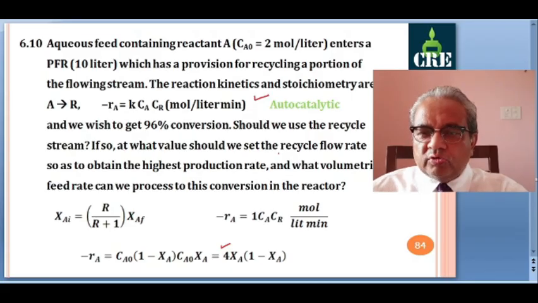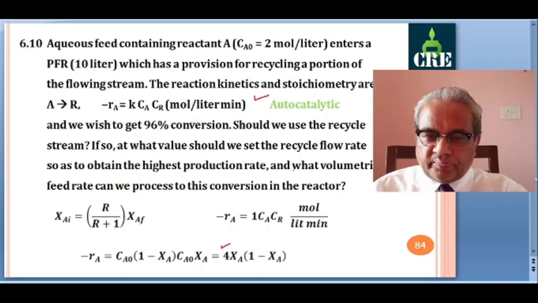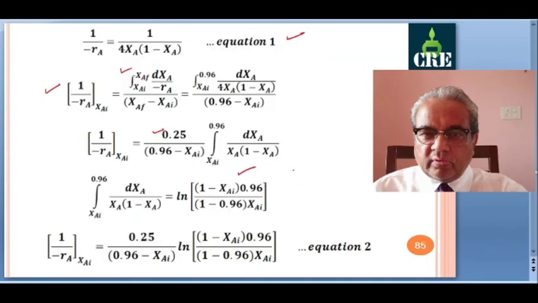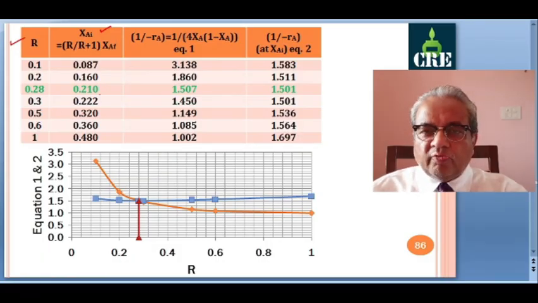If so, what value should we set the recycle flow rate to obtain the highest production rate? Now you know XAI is a function of R. It is R by R plus 1 into XAF, and that is fixed as 0.96. For different values of R, you go on calculating XAI values.